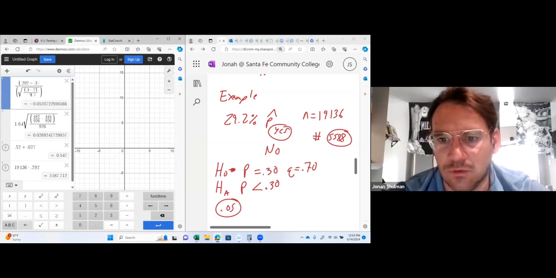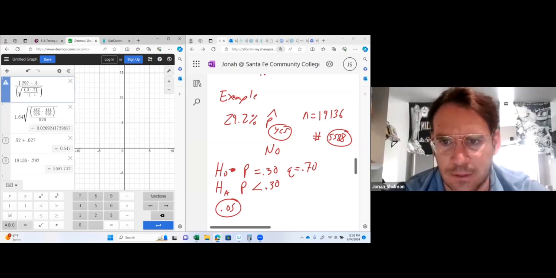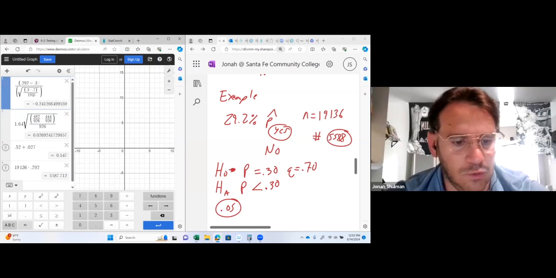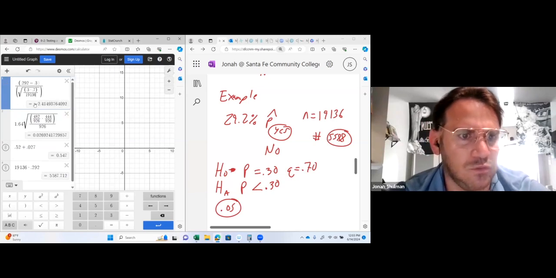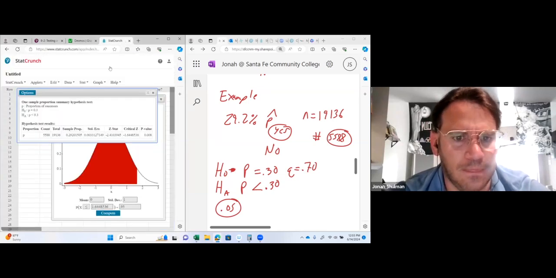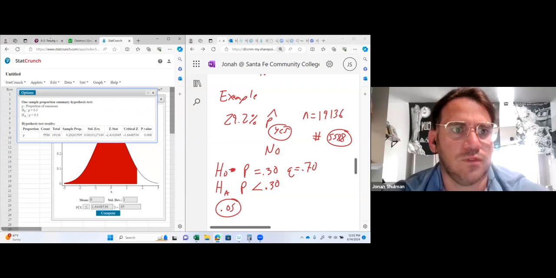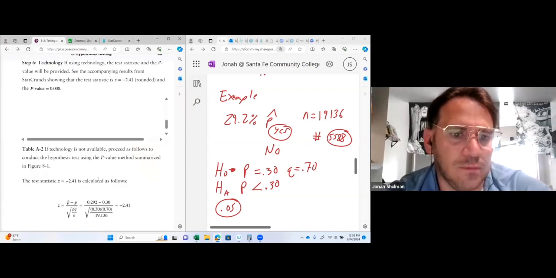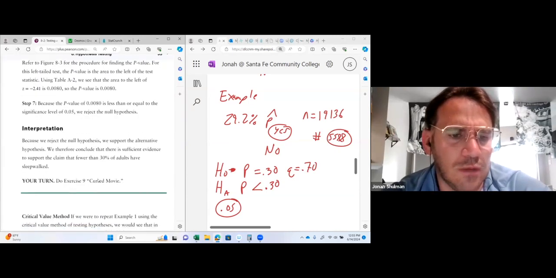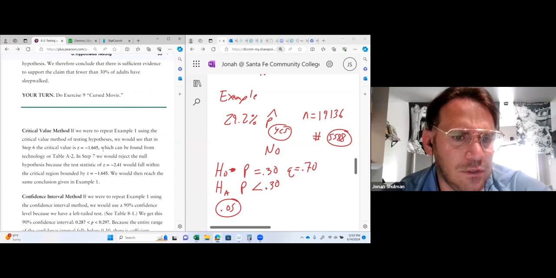And then we have our total, which is what? 19136, negative 2.41. So there's the example. I don't know why they wanted to do it with bootstrapping or something, but that's fine. Critical value method. We know we got negative 1.645.